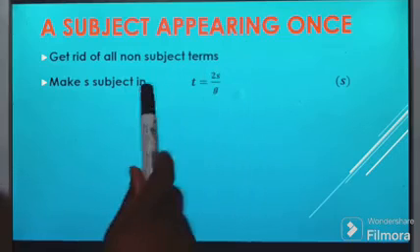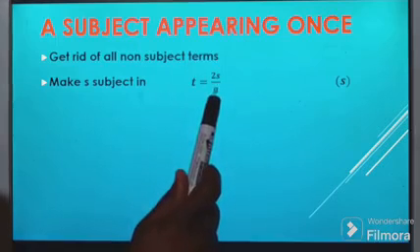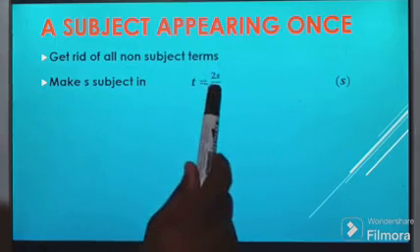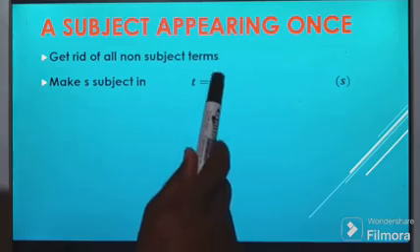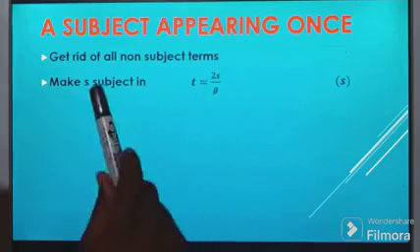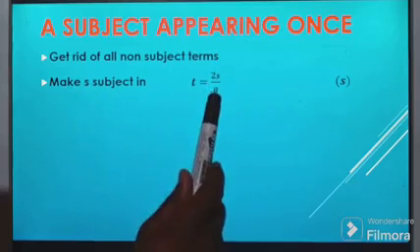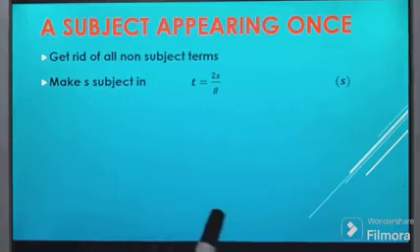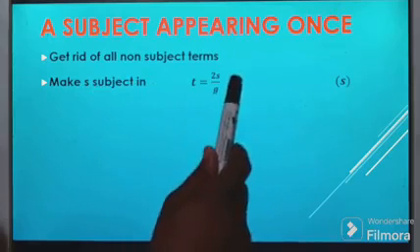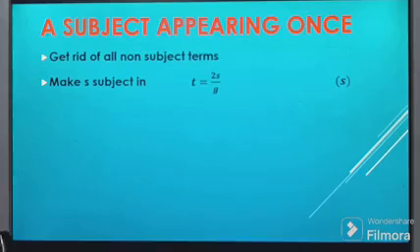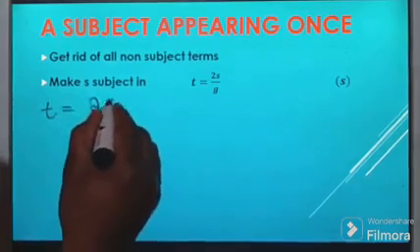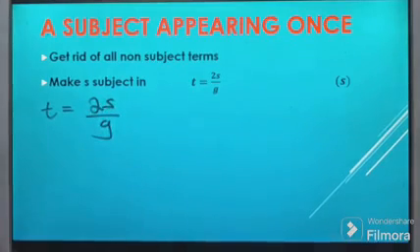Then we come to G. What is G doing with 2S? G is dividing 2S. So because G is dividing, we do the opposite. What is the opposite? We multiply G both sides. So we have D is equal to 2S over G.